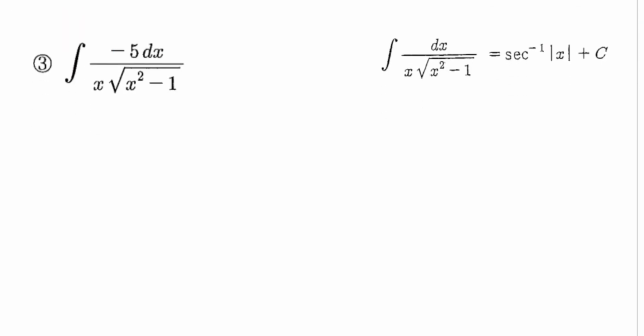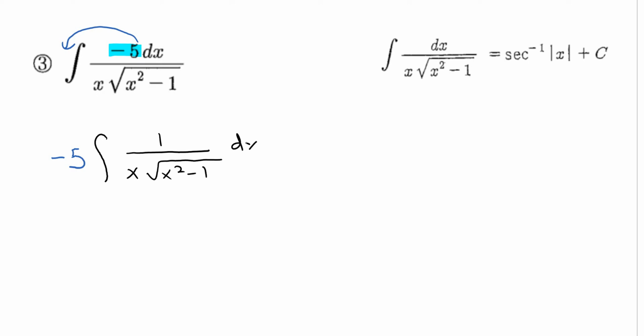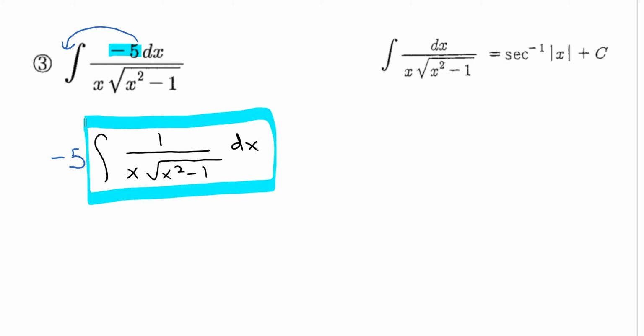Okay, question number 3, same idea. I will try my best to do this a little bit faster. So the -5 comes out in front. Integral sign, 1 on the numerator, divided by x times the square root of x squared minus 1 times dx. Anytime you have some of these fractions, that's a good indicator that this is probably an inverse trig problem.